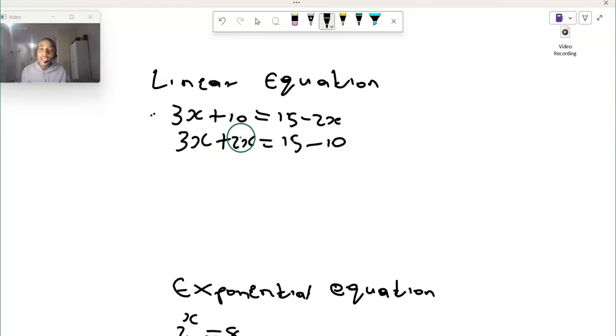So we just take that negative 2 to this side, and then we take that 10 to the right side, right?